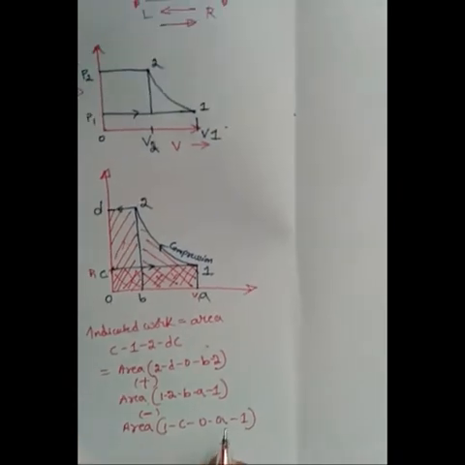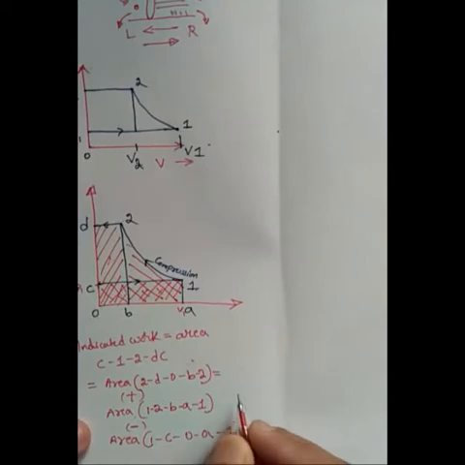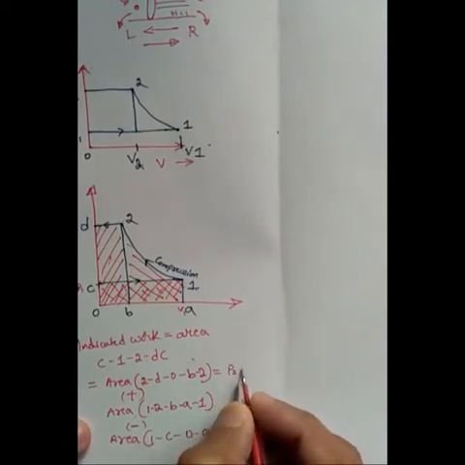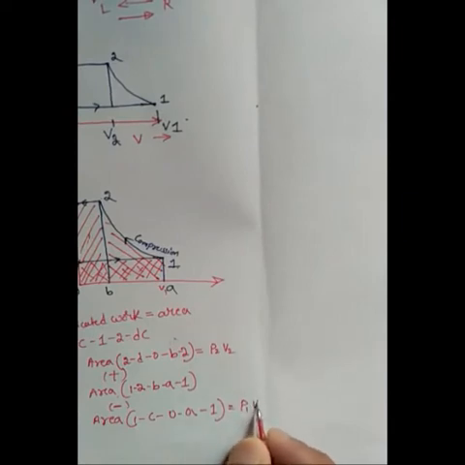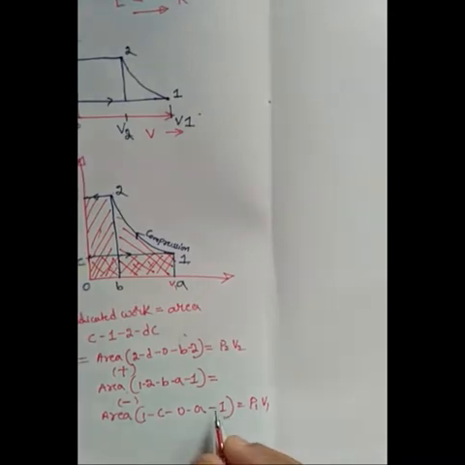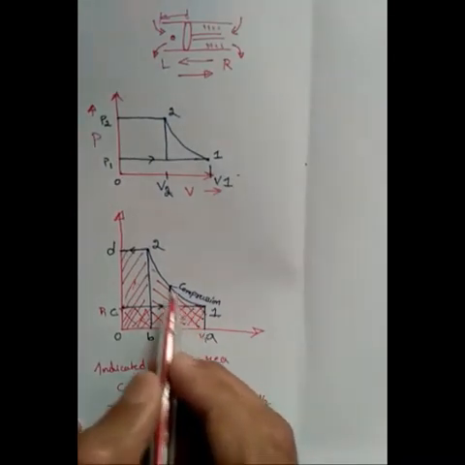So what I will write here is, this is P2 V2, this is equal to P1 V1. Here this area is the polytropic work, that is 1 2.